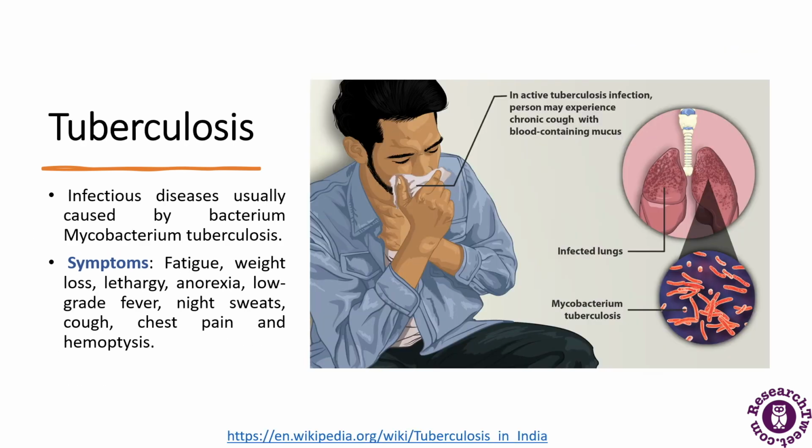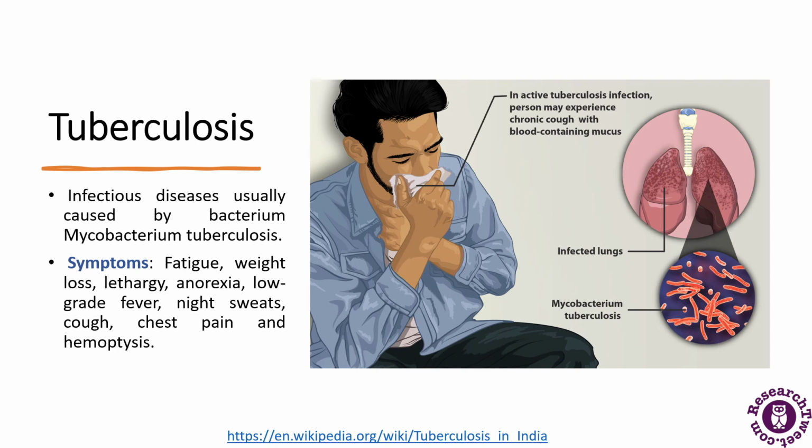Next is tuberculosis. Tuberculosis is an infectious disease caused by the bacterium Mycobacterium tuberculosis. Although several Mycobacterium species can cause tuberculosis, M. tuberculosis is the principal causative agent here. Tuberculosis generally affects the lungs.